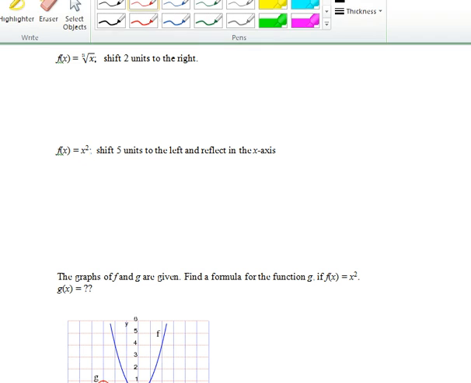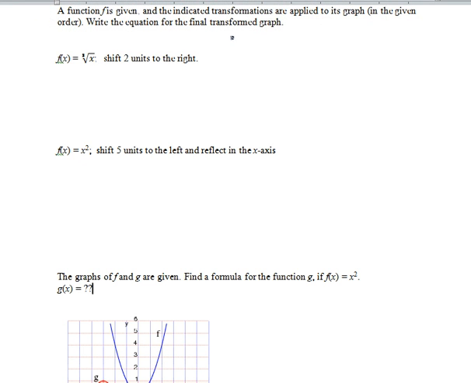In the first case, we have f of x equals the cubed root of x. So this is our y. And we are to find the function that will shift the cube root of x 2 units to the right.